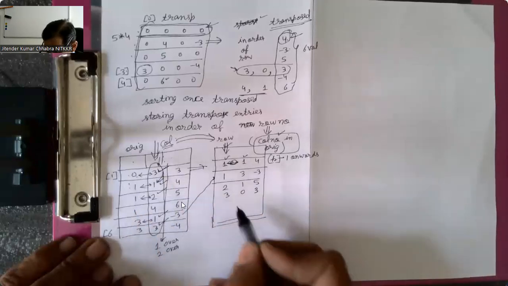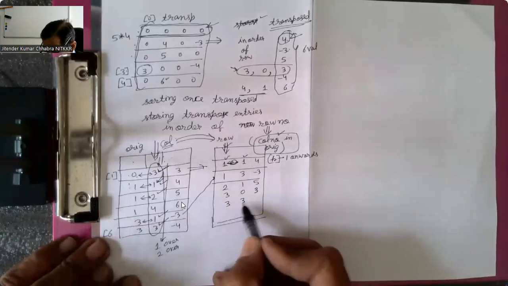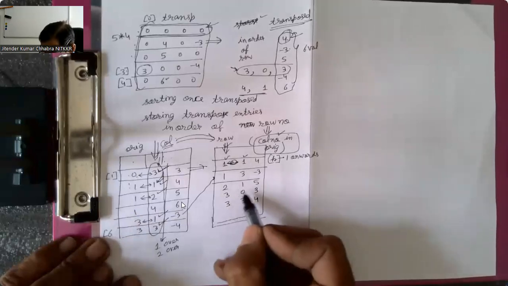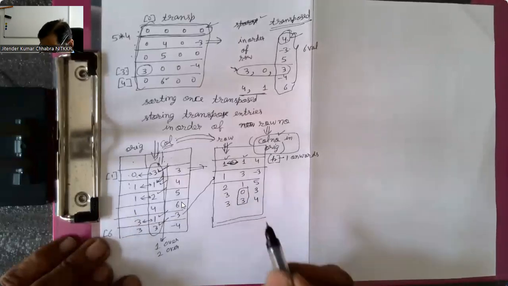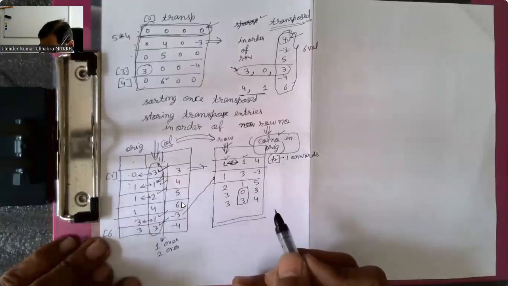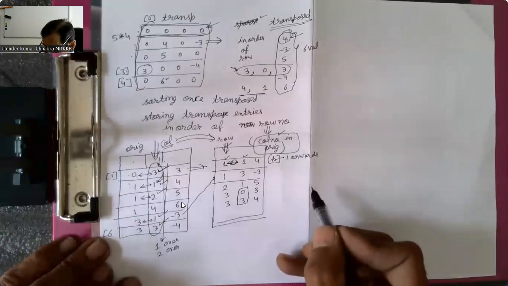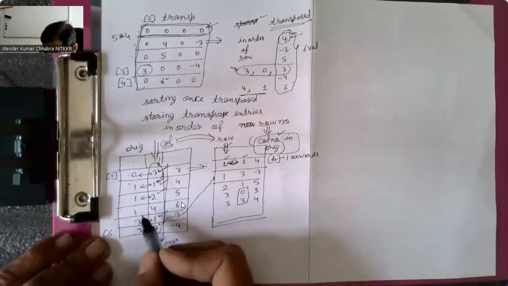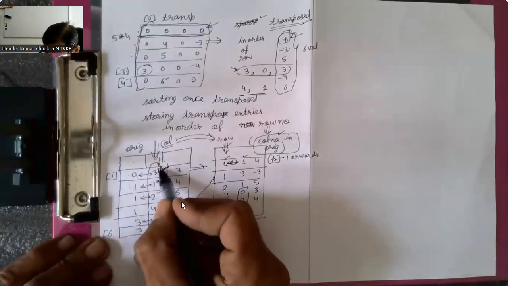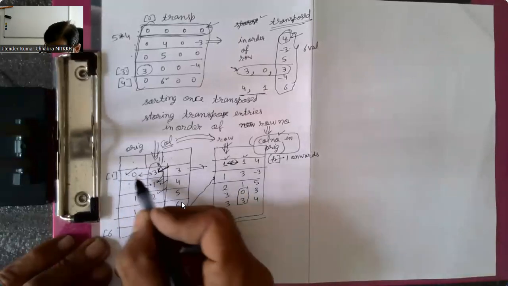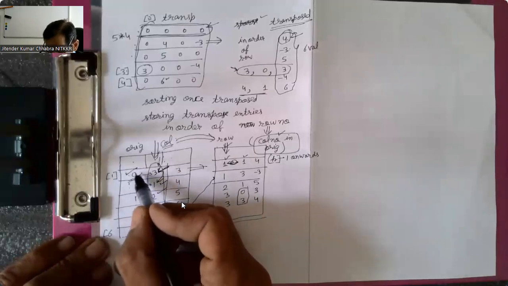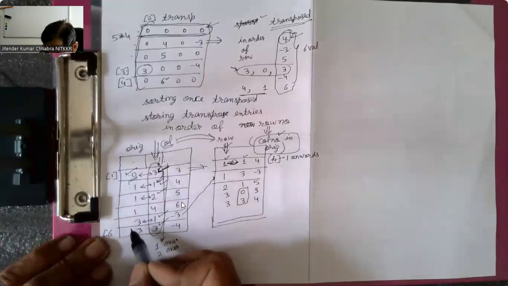It has another entry 3, 3, 4. But this relative ordering also has to be ensured in the transposed sparse matrix, and that is guaranteed because for column number 3, the initial row number was guaranteed to be before the next entry.